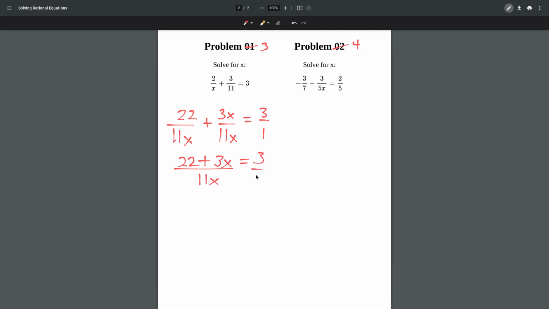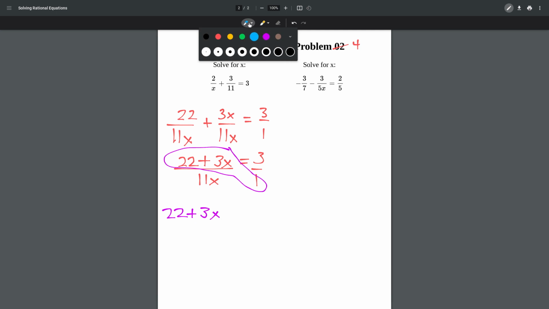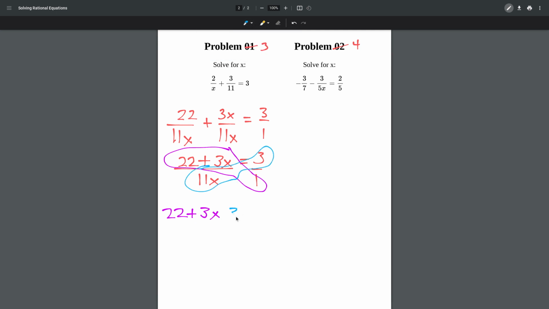Again, we're going to do our cross multiplication here. So when I do 22 plus 3x times 1, I just get 22 plus 3x. And then when I do here 11x times 3, I get 33x. All right, so I'm going to subtract 3x from both sides.